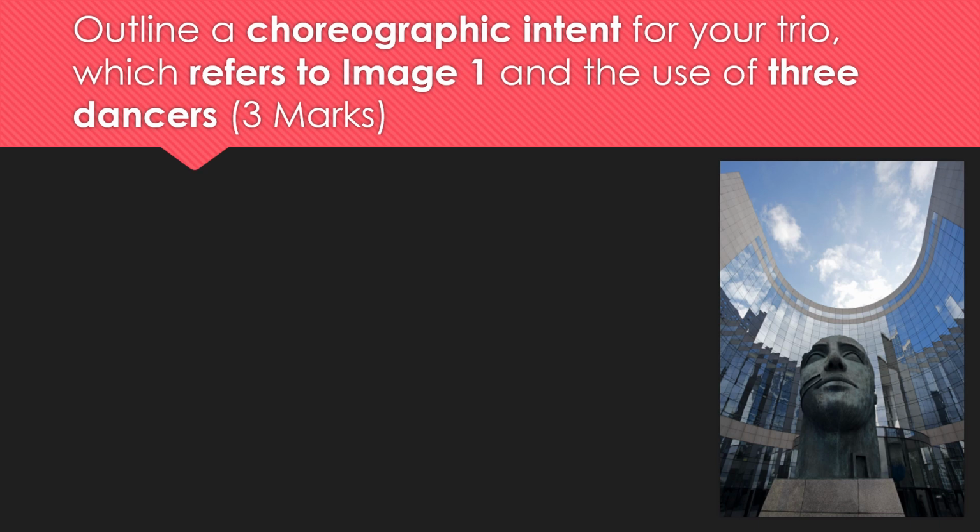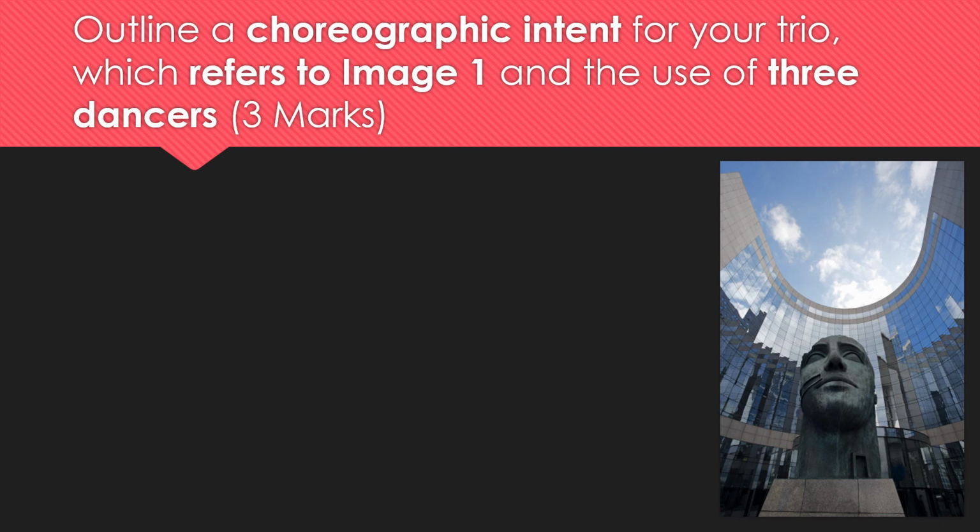That is the choreographic intention for your trio. So it's telling you you are choreographing for a trio. Every paper will be different. You might get a group dance with 5, you might get a solo. This is telling you a trio, therefore you're going to have 3 dancers for your hypothetical choreography.